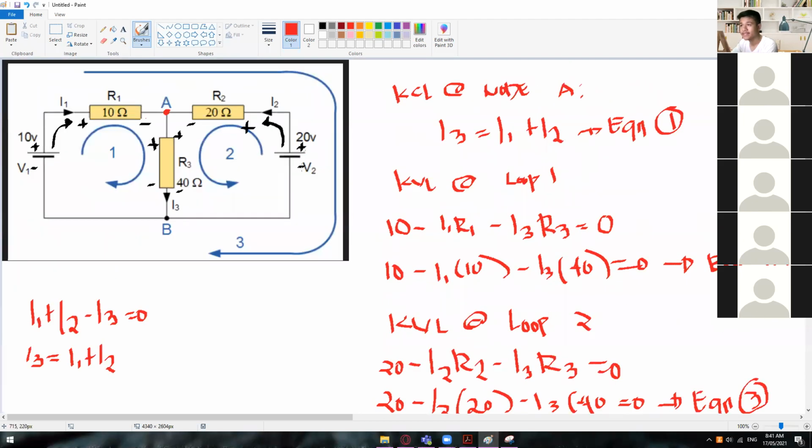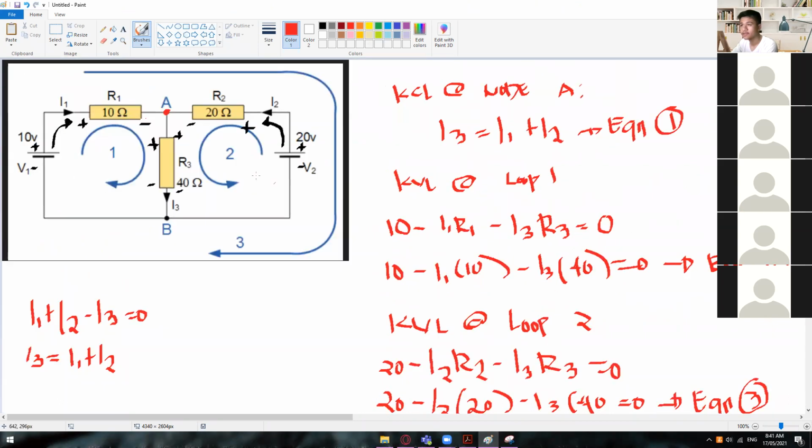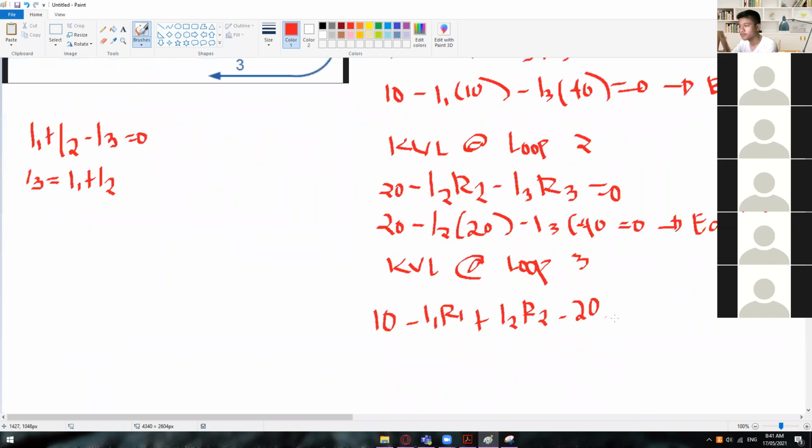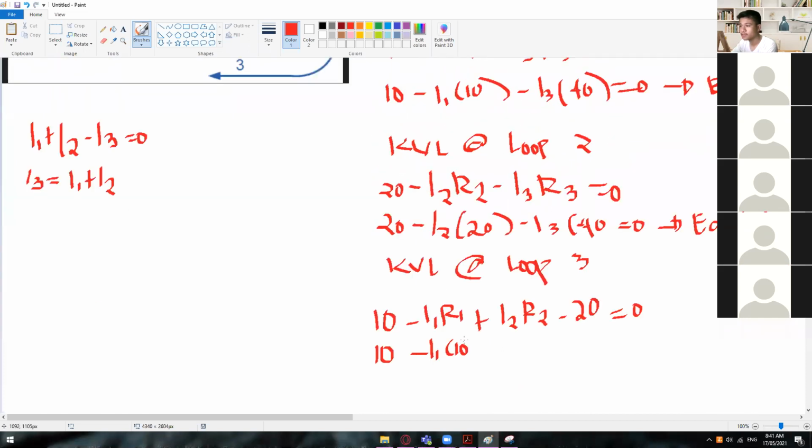And then we have negative 20 volts. And going back here will be equal to 0. So 10 minus I1 times 10, and then plus I2 times 20, minus 20 is equal to 0. So this is now our equation number 4.